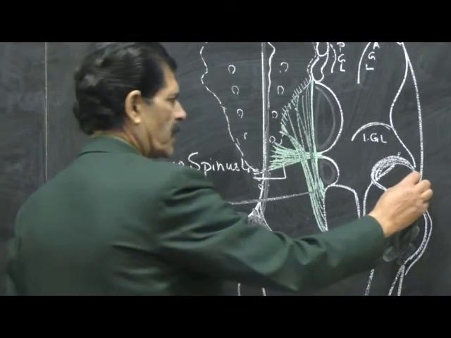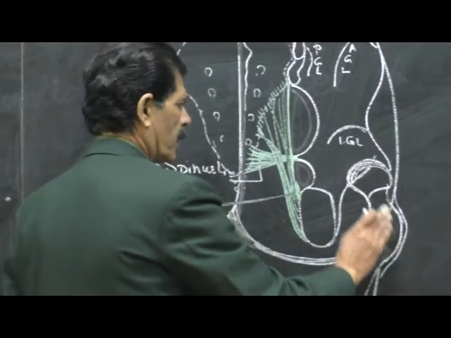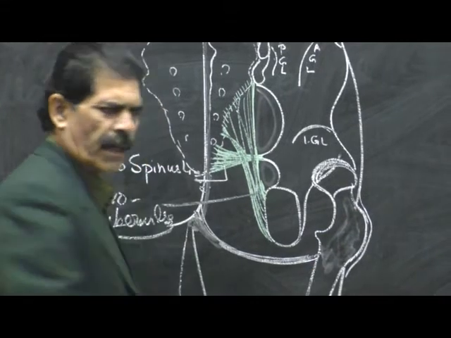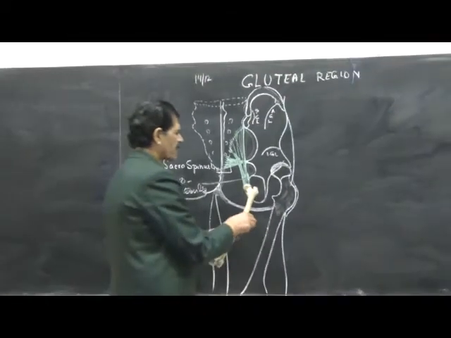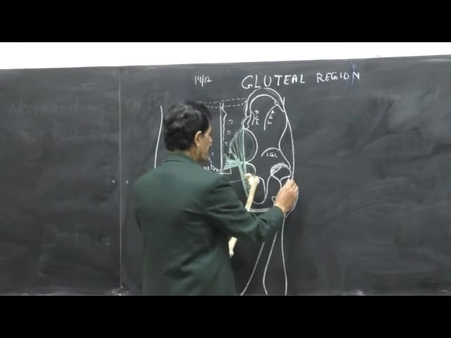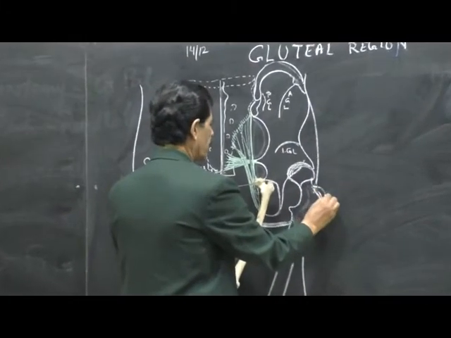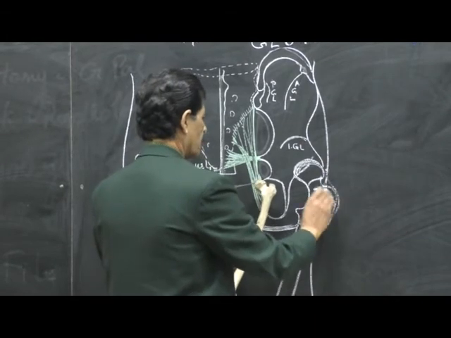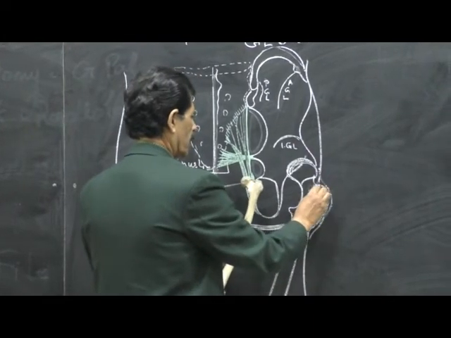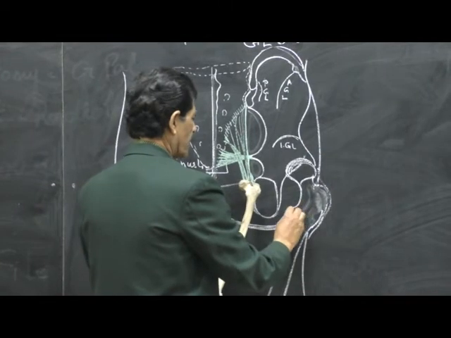Now this is the posterior surface of the femur bone, and it represents the greater trochanter laterally, which is subcutaneous, and this is the lesser trochanter.